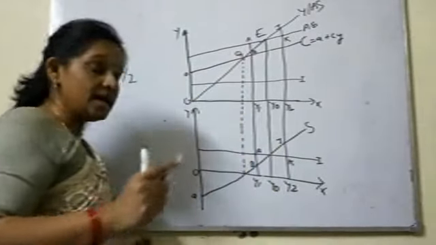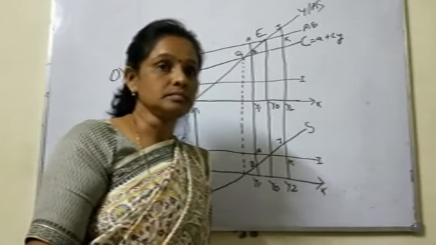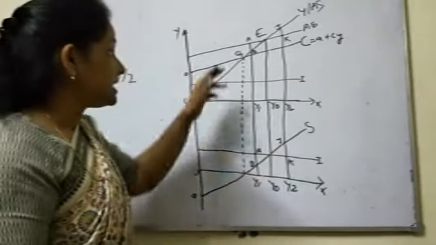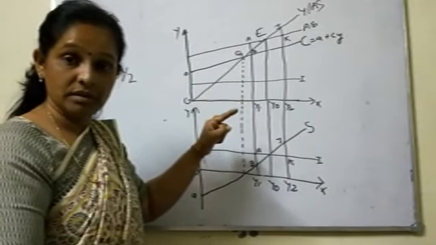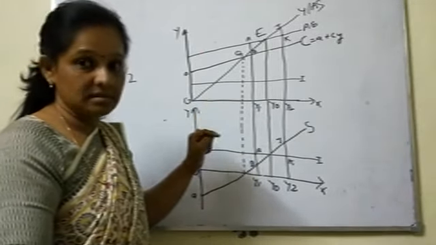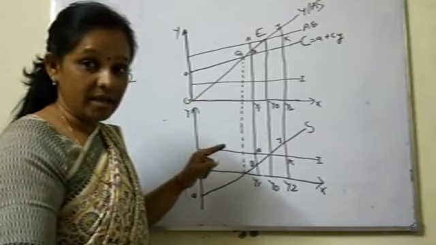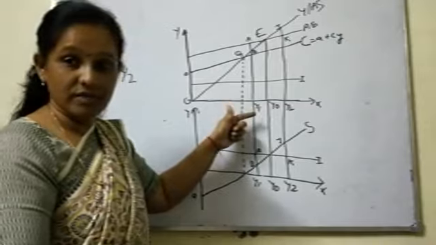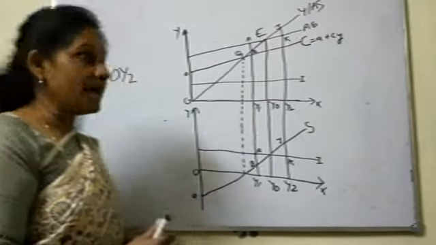So you will write, at OY1 level of income, aggregate demand is AY1, which exceeds aggregate supply, which is BY1, by how much?